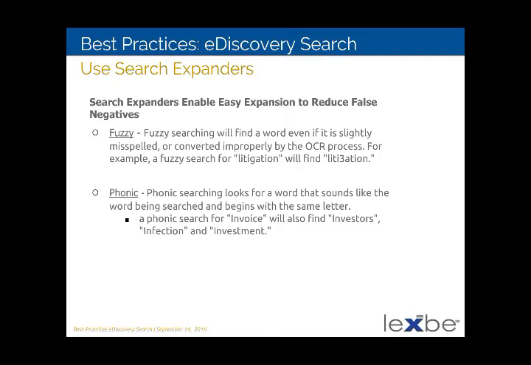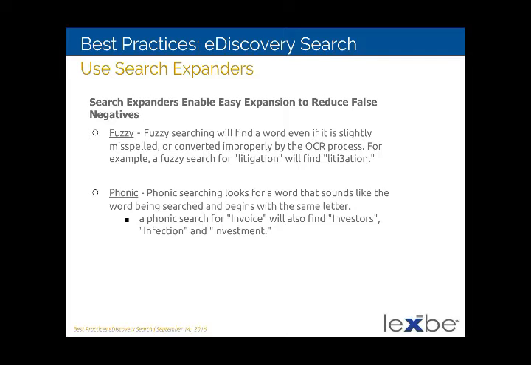You could have somebody that thinks they know somebody's name and spells it wrong every single time, or you, as the reviewer, could see somebody's name and think that you're spelling it right, but every time you type it in the search box, you're actually spelling it wrong. It will also cover anything that is converted differently in the OCR process.